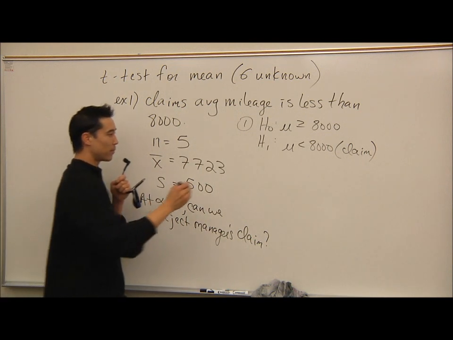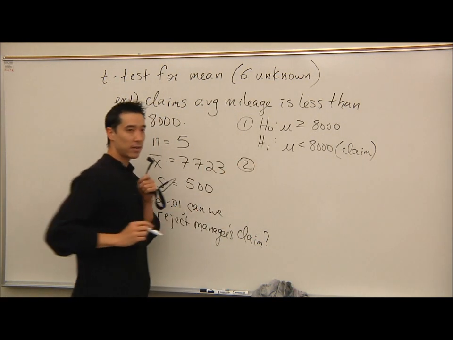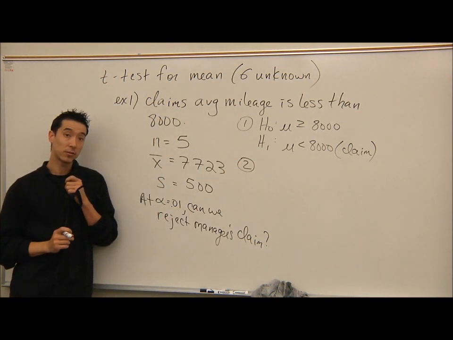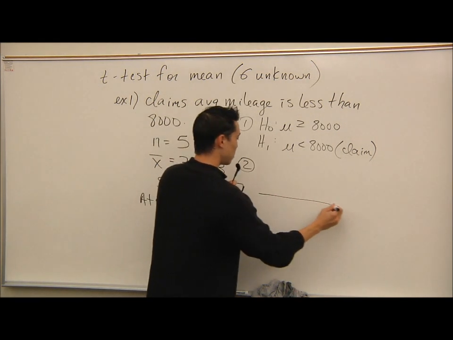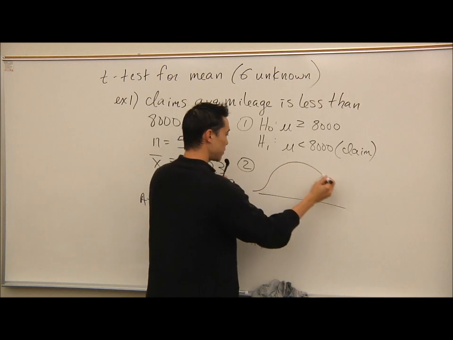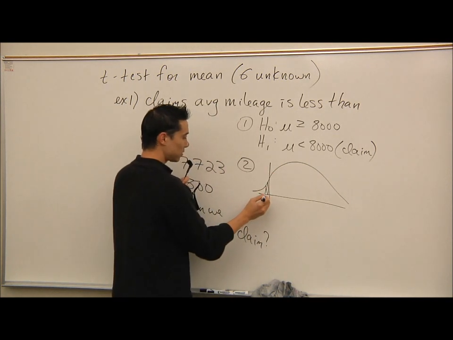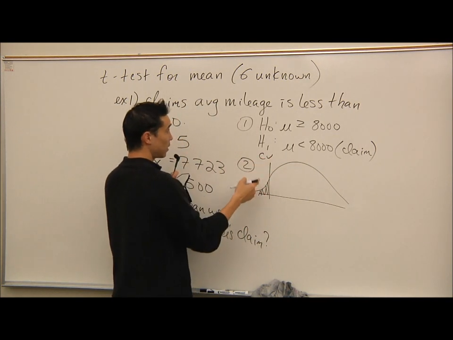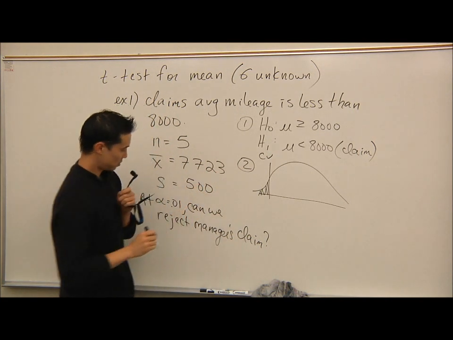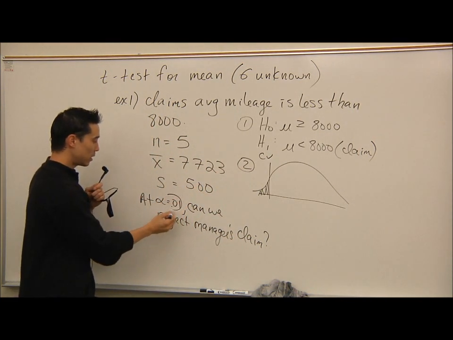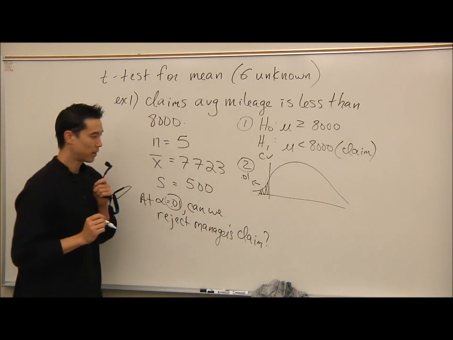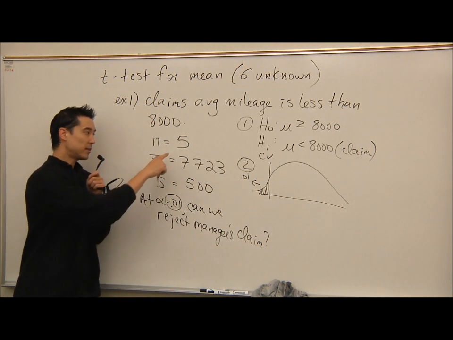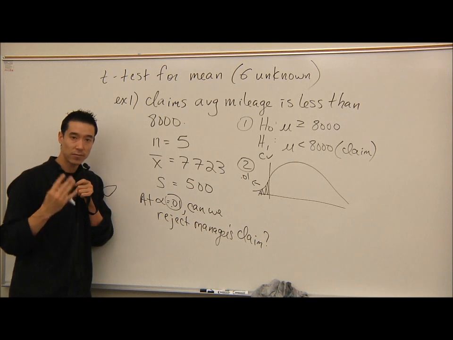Step 2. Based on step 1, what type of test do I have? Right-tailed, left-tailed, or two-tailed? Left-tailed. So I draw my critical region. I have a left-tailed test, so my critical value is on the left side. Alpha is 0.01, so this area here is 0.01. n is 5, so my degrees of freedom is 4.